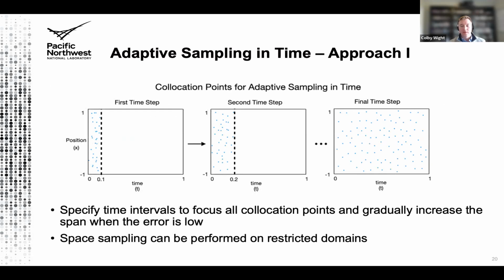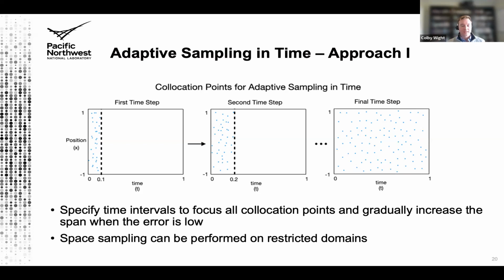This is the main idea behind what we call time adaptive approach one, where we are just restricting where we're allowed to pull the collocation points from. We focus all the collocation points on some restricted domain from t equals 0 to delta t.